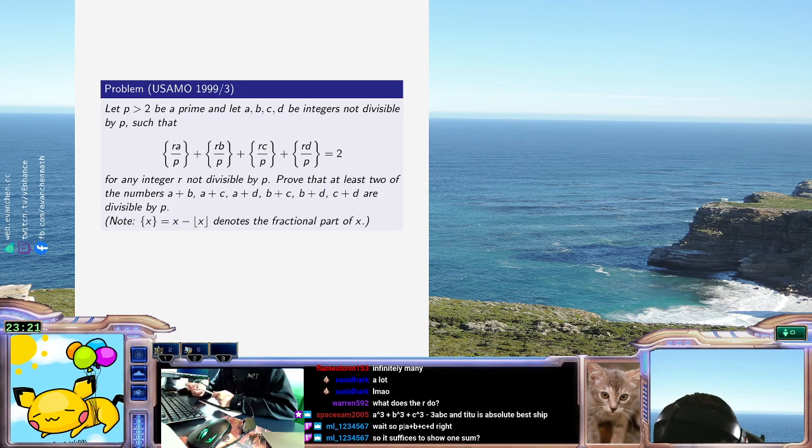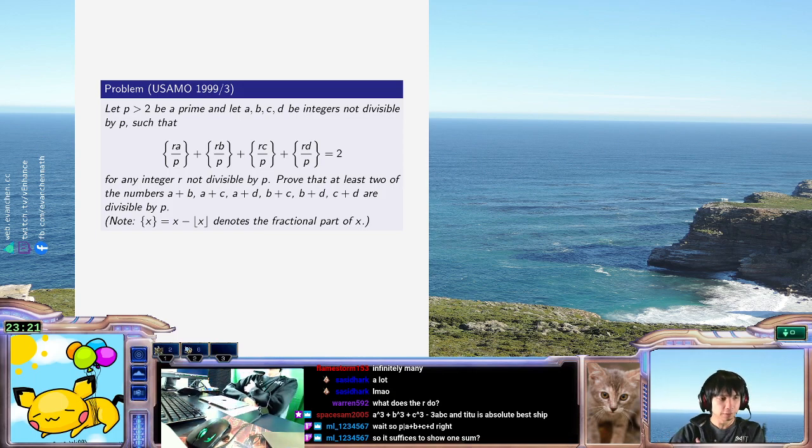I can see how you do the 2 variable version of this, but that's so easy that it's unlikely to give me much insight. P divides A plus B plus C plus D suffices.